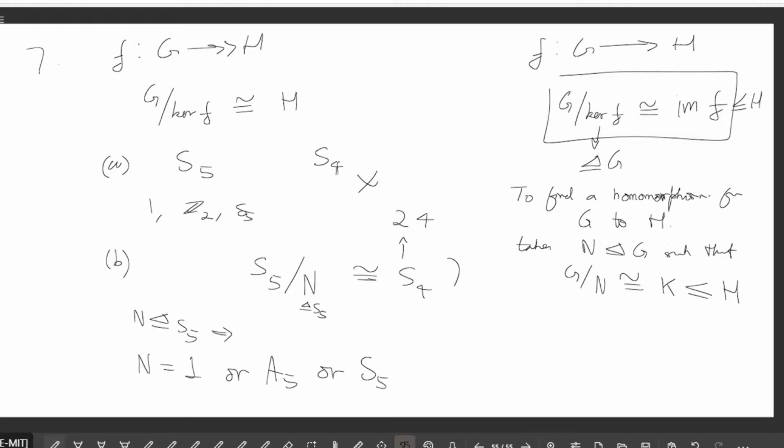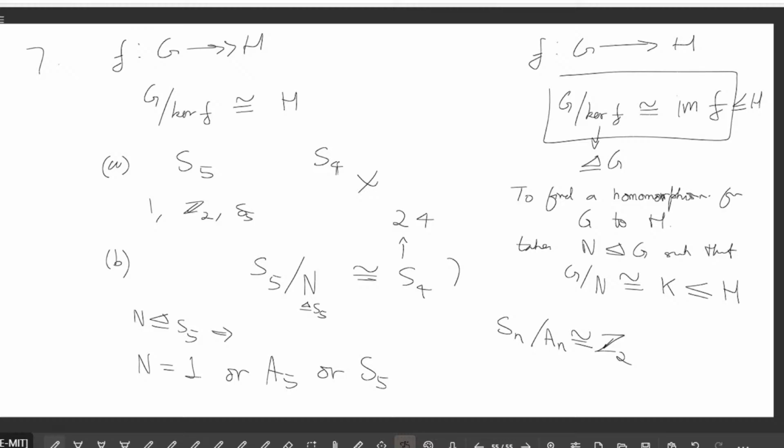That is the fact that we are repeatedly using: the only normal subgroups of Sn for n greater than or equal to 5 are 1, An, or Sn. An is an index 2 subgroup. So Sn mod An is always isomorphic to Z2, which means it has order 2. Okay.